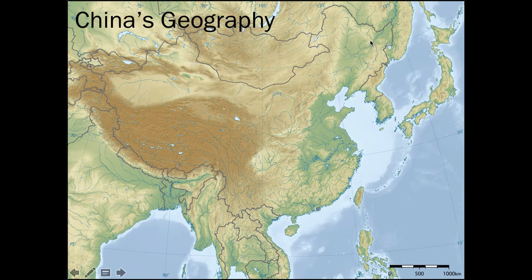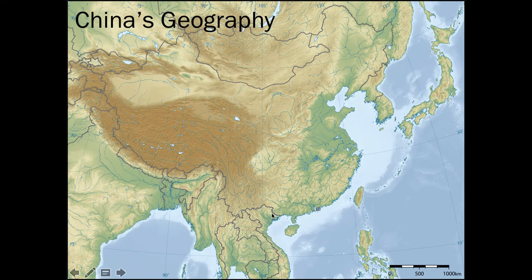The temperate climate in which China finds itself in the north is, again, very similar to what we have here in North Carolina, whereas the further south you go, you enter into more tropical, subtropical environments as we head towards areas like Vietnam.